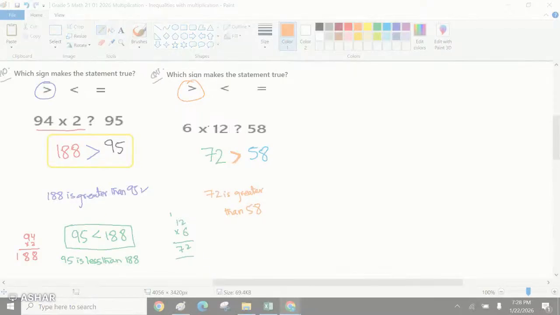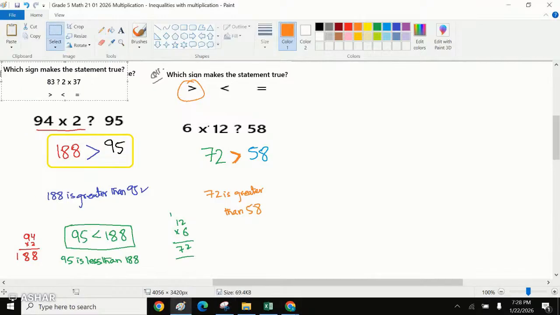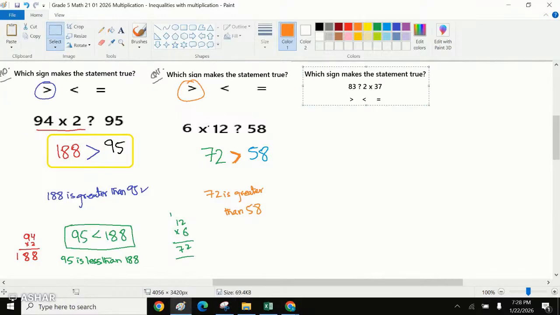So the next question says 83 and 2 multiplied by 37. If this is the given question and we need to find a suitable sign that would make this statement true, question number 12, 83 stays as 83.